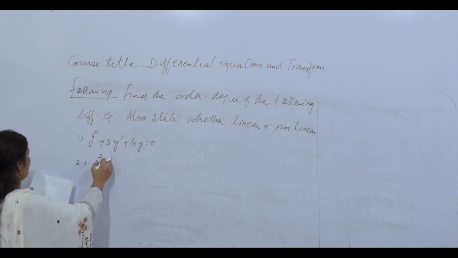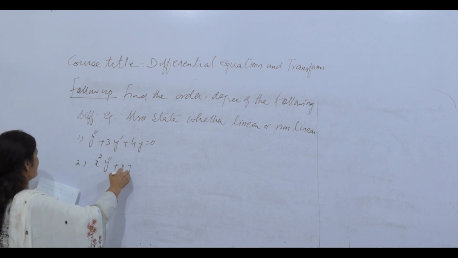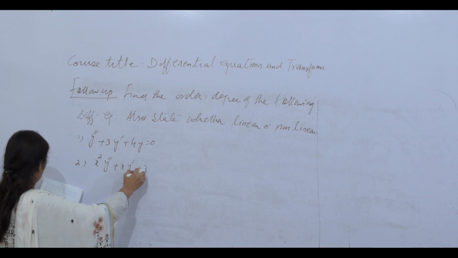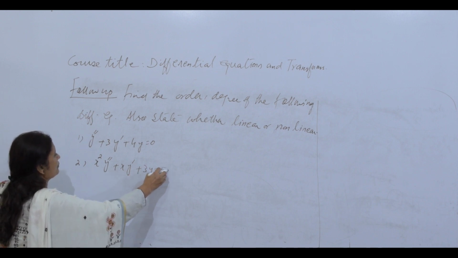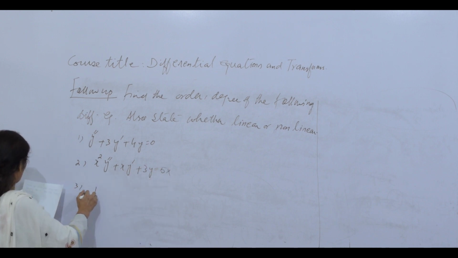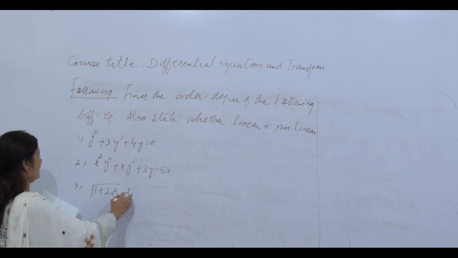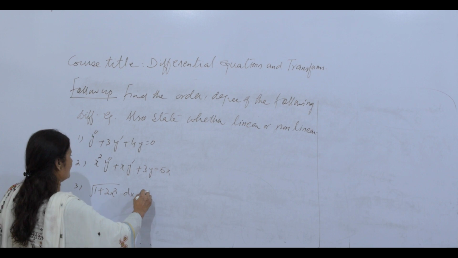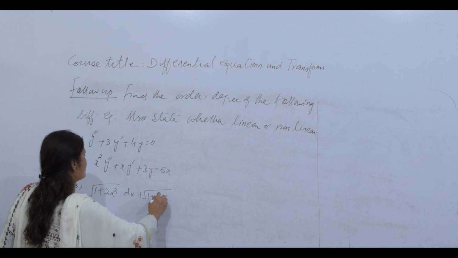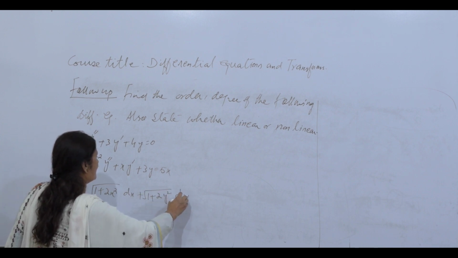Second: x square y double dash plus xy dash plus 3y is equal to 5x. Third: square root of 1 plus 2x square, 1 plus 2y square dy equal to 0.